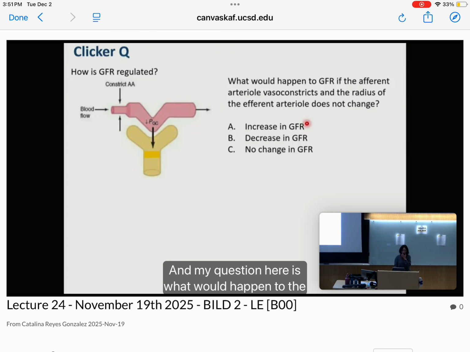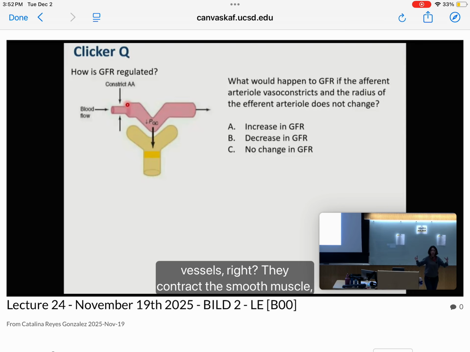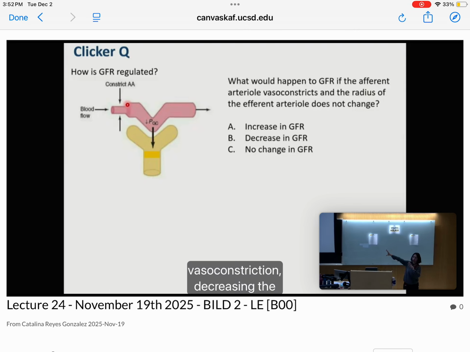So this is the efferent arteriole that will become a peritubular capillary right here. And my question here is, what would happen to the glomerular filtration rate, or GFR, if the afferent arteriole vasoconstricts? Remember, arterioles, that's the thing they do. They're resistance blood vessels. They contract the smooth muscle, vasoconstriction, decreasing the lumen, increasing resistance, decreasing blood flow. Or they vasodilate.